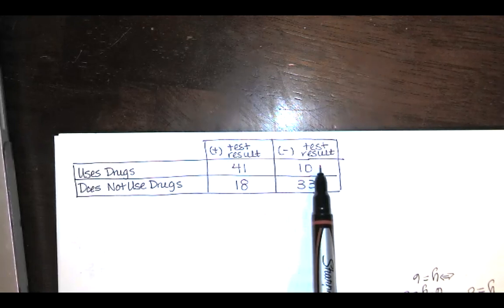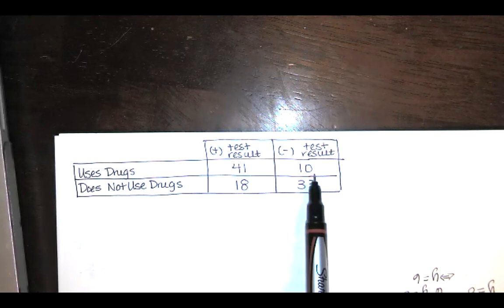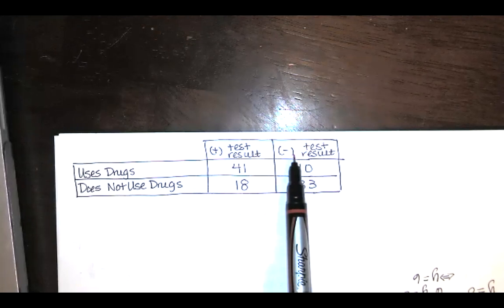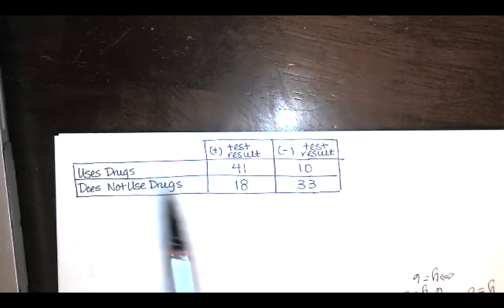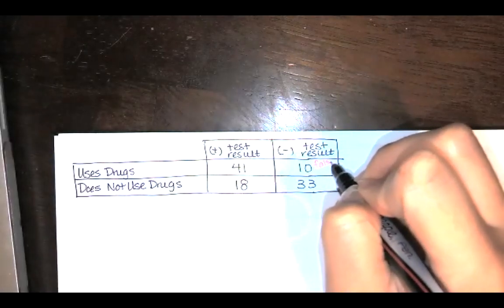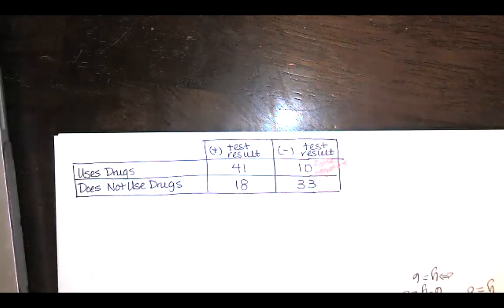Over here, we've got 10 drug users that got negative test results. These are false because the test is saying they don't use drugs and they actually do. These are negative test results, so we would call these a false negative, 10 false negative results.